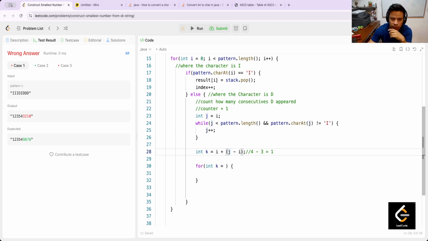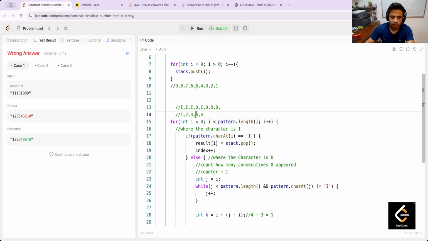In this case, for example, if there is only 1, and I am here, the indices are 0, 1, 2, and 3. The index is 3. In this case, 4 less 3 is equal to 1. 3 plus 1 is equal to 4. It means 0, 1, 2, 3, and 4. That is this.